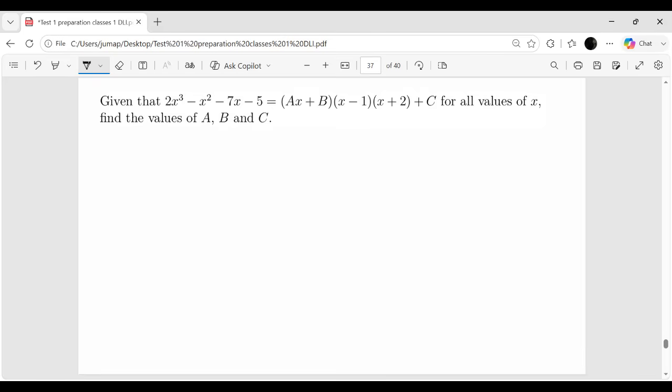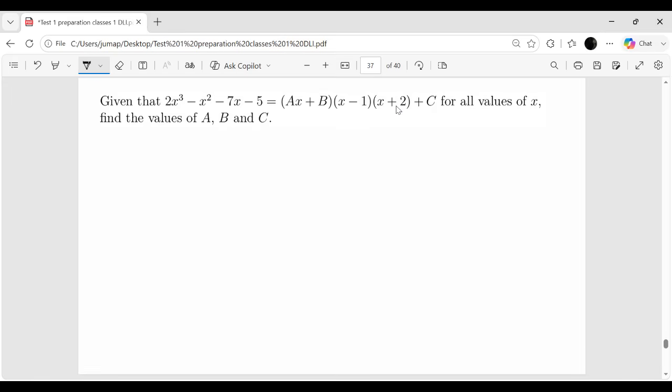So now, the last question for this one, it says that given that 2x to the power 3 minus x to the power 2 minus 7x minus 5 is equals to ax plus b, open bracket, x minus 1, x plus 2, then plus c.